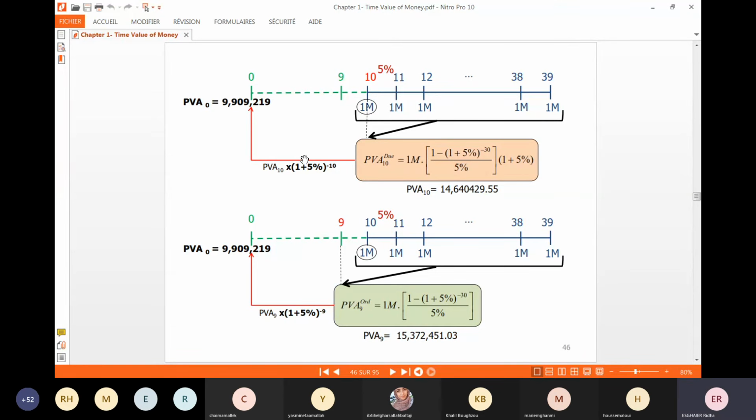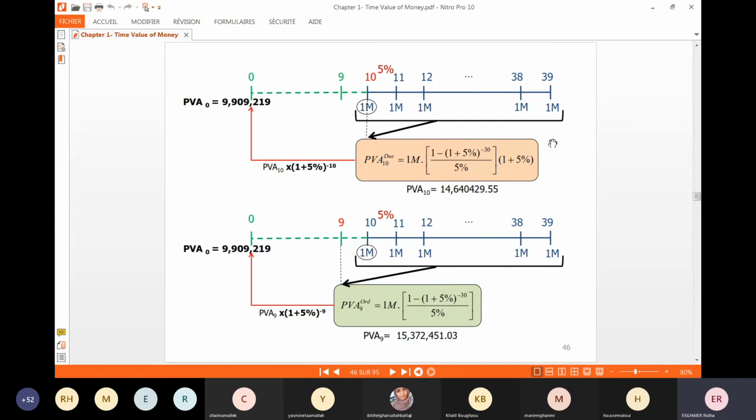We will find this amount, 9,909,219 euros. Or, to save time and avoid errors in the calculation, since we have a sequence of equal amounts that will occur at equidistant intervals each year, this is an annuity.